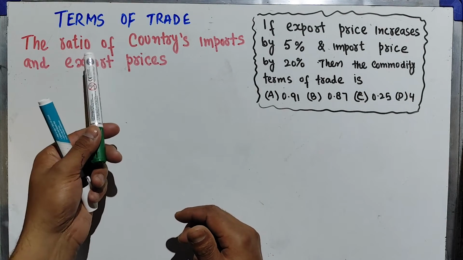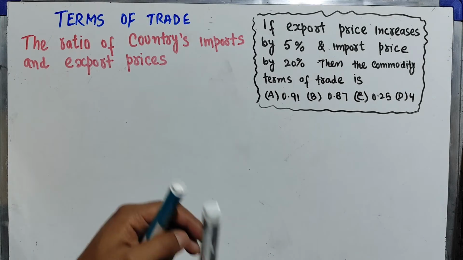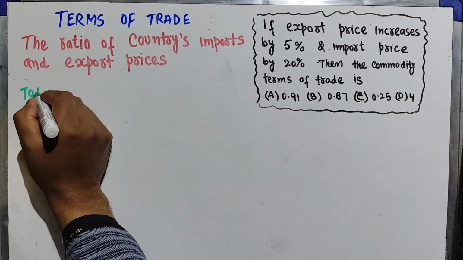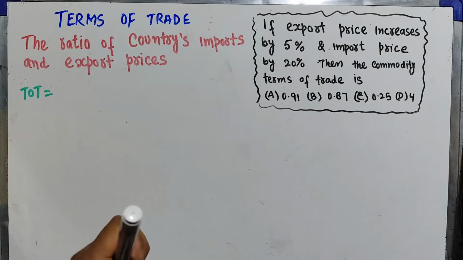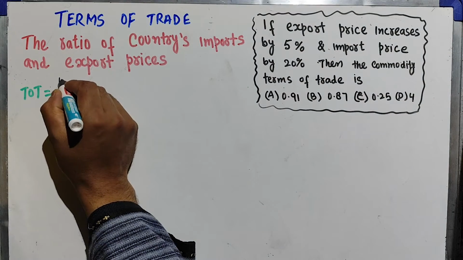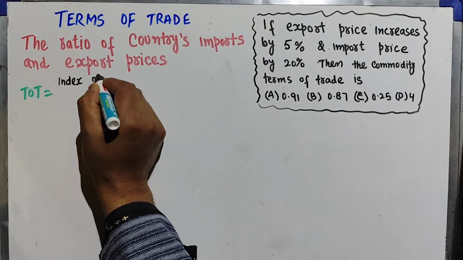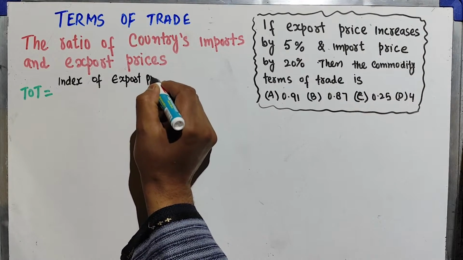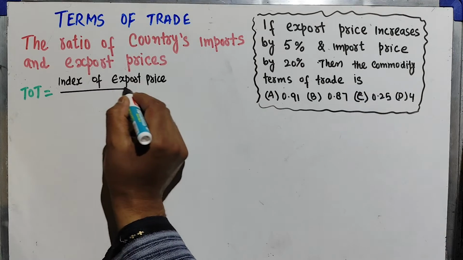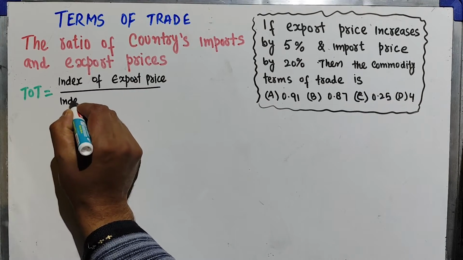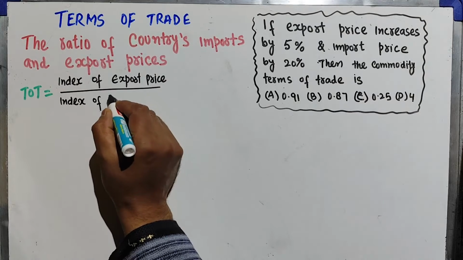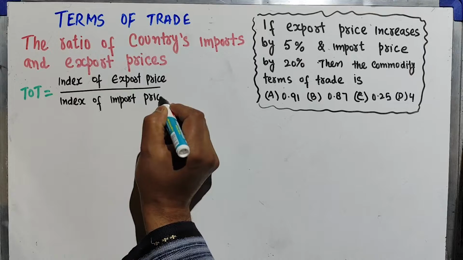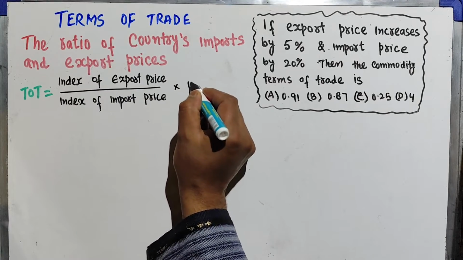By terms of trade, what exactly is meant? It is simply the ratio of the country's export and import prices, and it is written like this: terms of trade is equal to the index of export prices upon the index of import prices times 100.